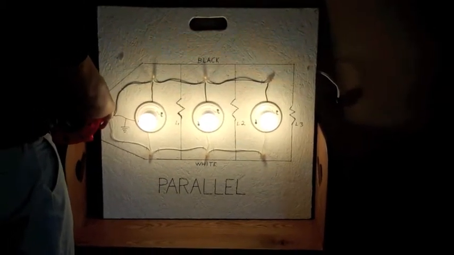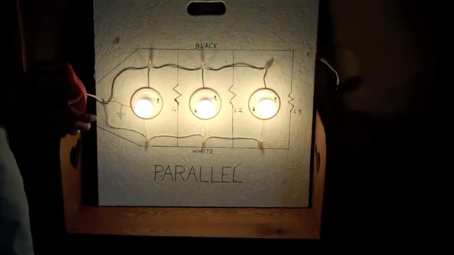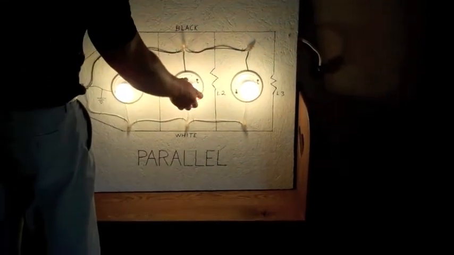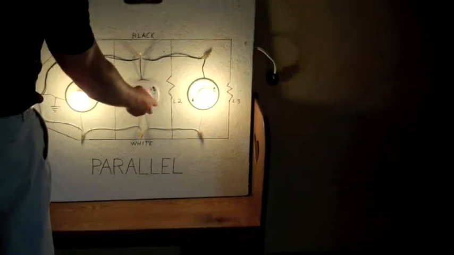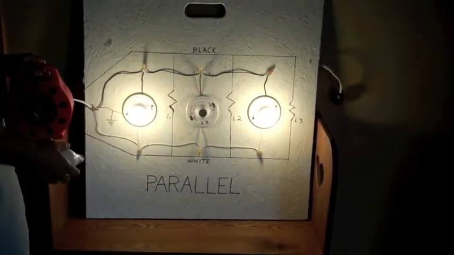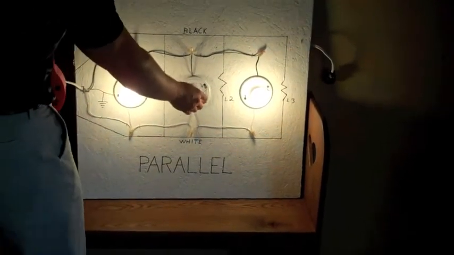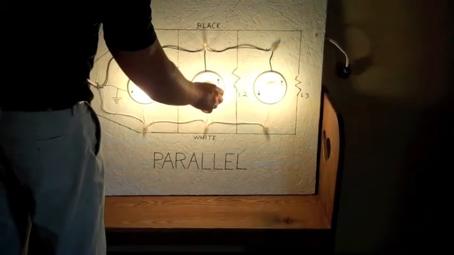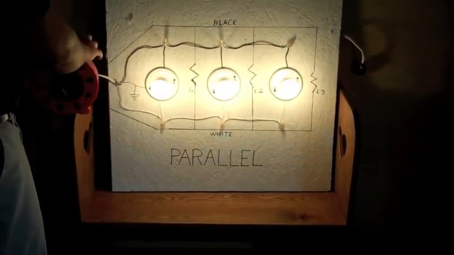Now, if I remove one light bulb, just like I did in the series circuit, the other two light bulbs should stay on. And as you can see, as I remove this middle light, the other two light bulbs stay on. And whenever I put this one back in, it will turn on as well. Now I'm going to unplug this.